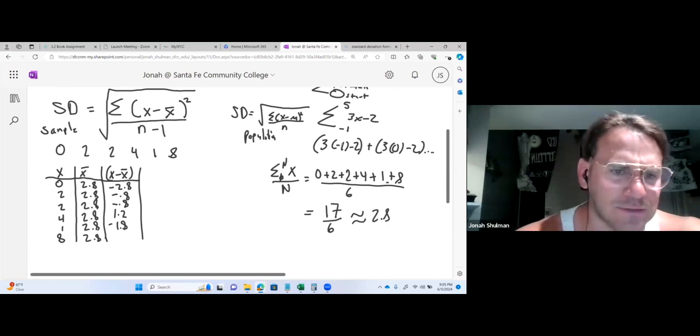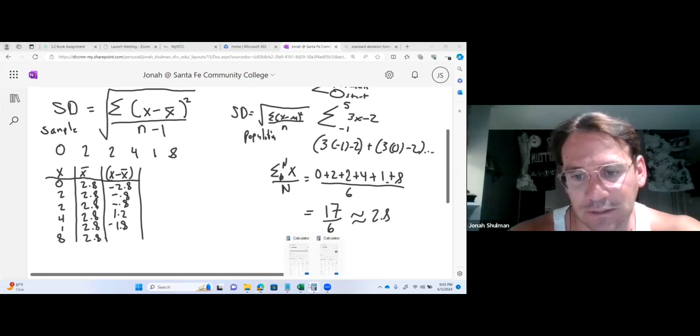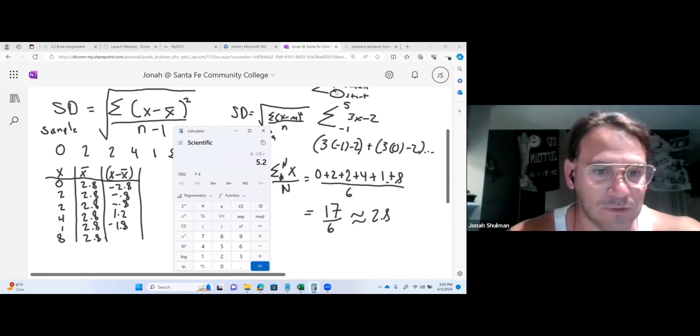Again, if you get confused, let your calculator do the work. 8 minus 2.8 is a whopping 5.2.